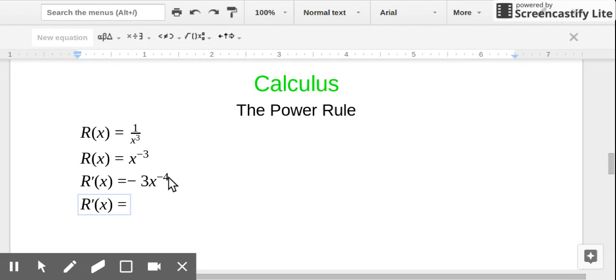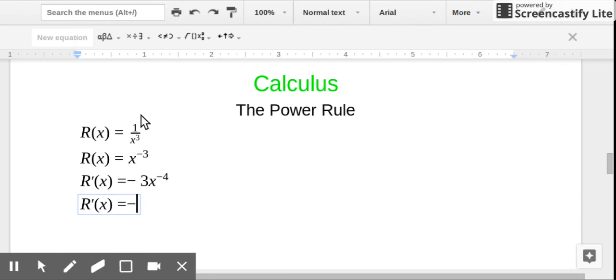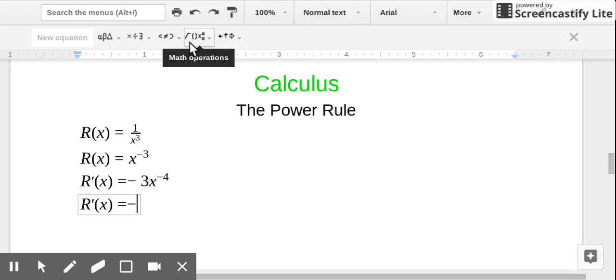That means we take it back down into the denominator. So we're going to say negative, bring the negative out front, leaving the 3 in the numerator, x raised to the 4th power. Okay.